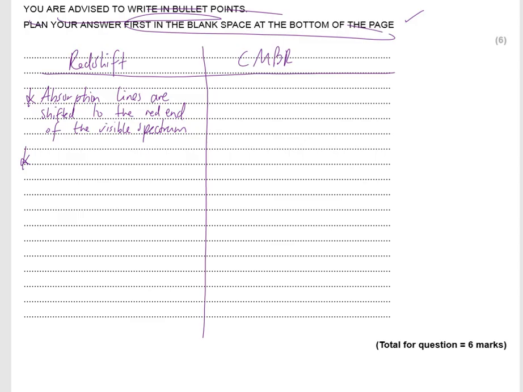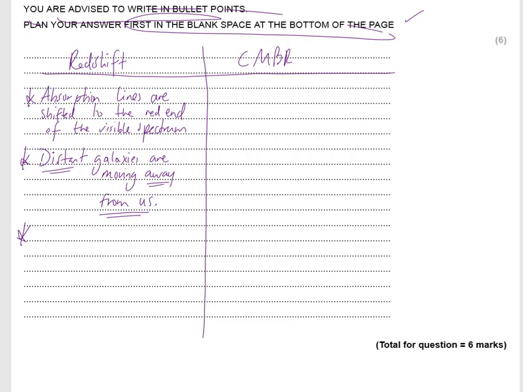It means that distant galaxies are moving away from us. Distant is the keyword. This is the one that proves that the universe is expanding.